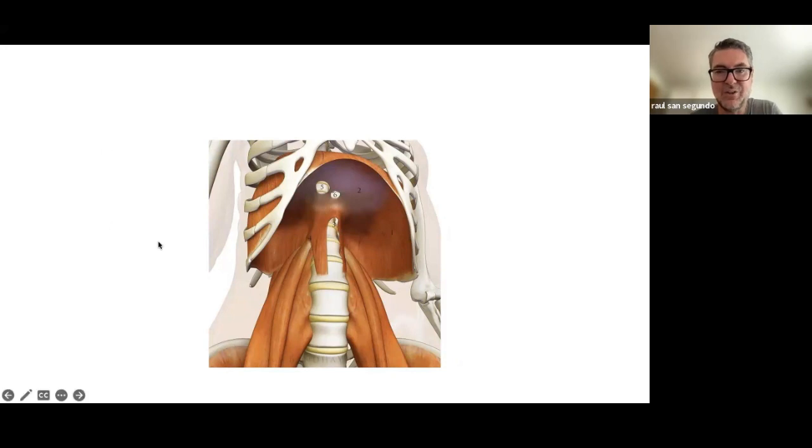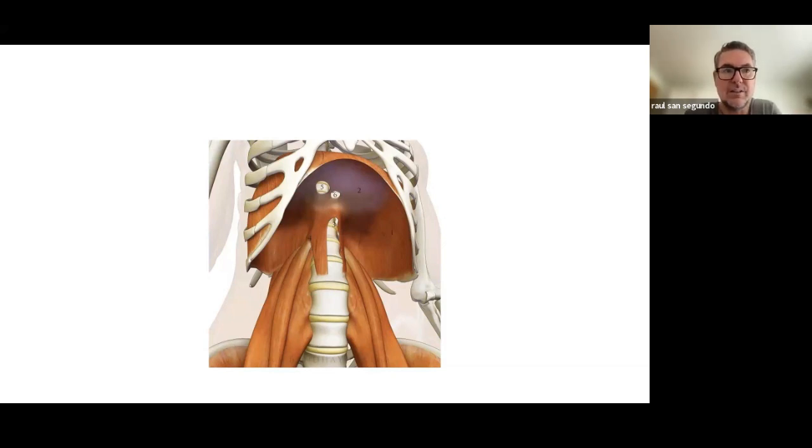Yeah. Here the right crus and the left crus continue upwards, looking forward, to get to the central tendon of the diaphragm, and they form another opening here, for what you just said, the esophagus, and for one of the most important nerves.